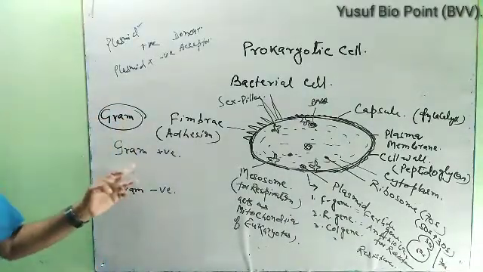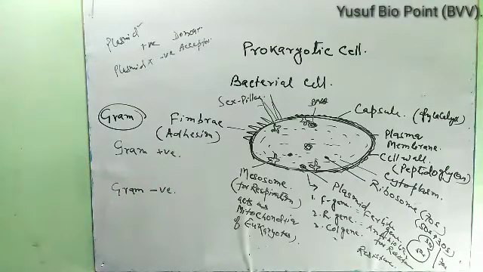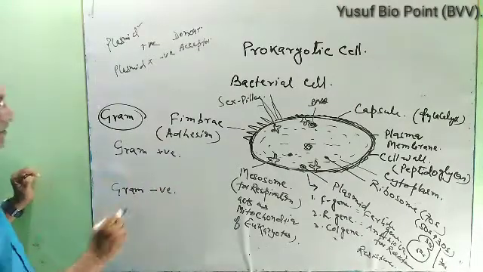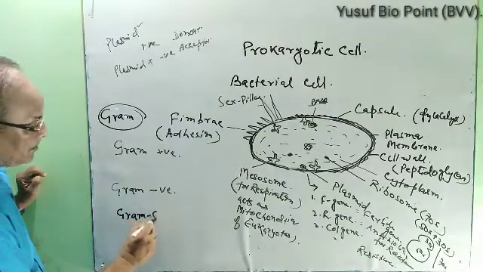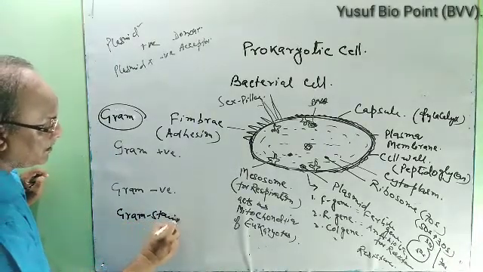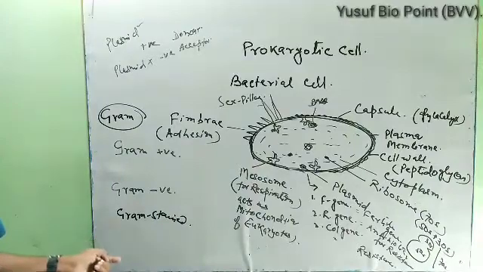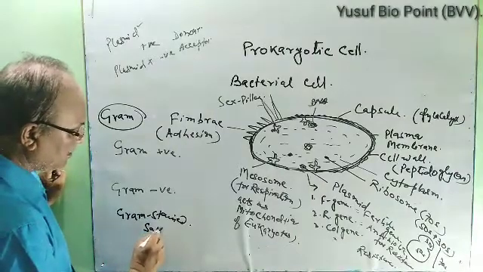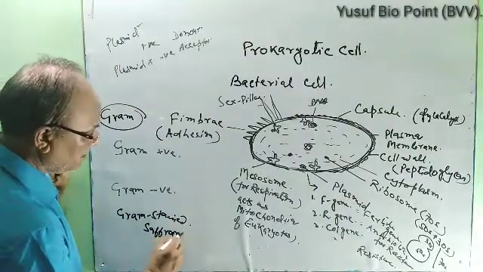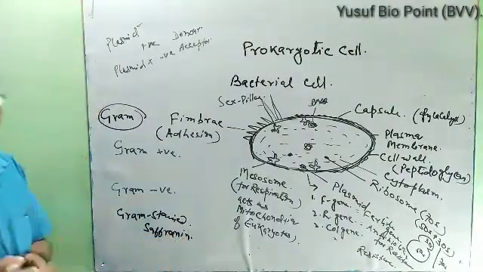So on this gram positive and gram negative, if the bacteria undergoes gram stain, means undergoes staining with safranin, understand?